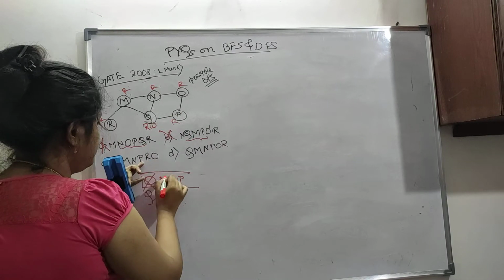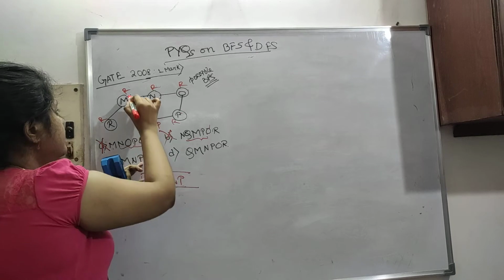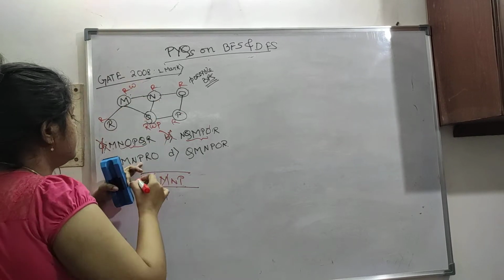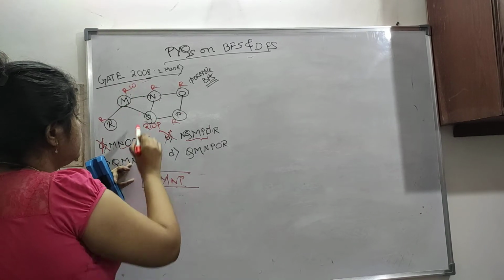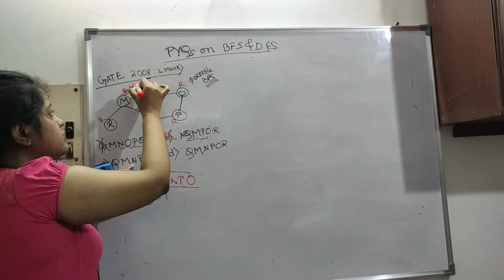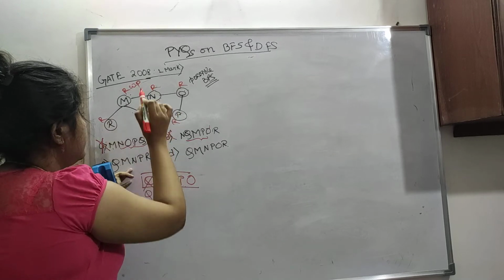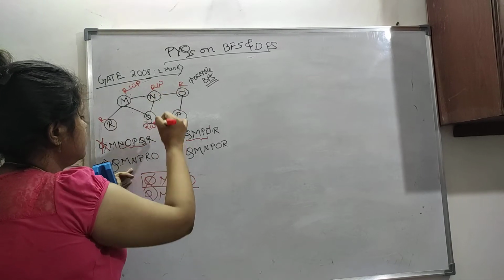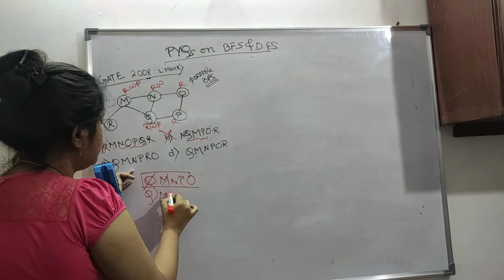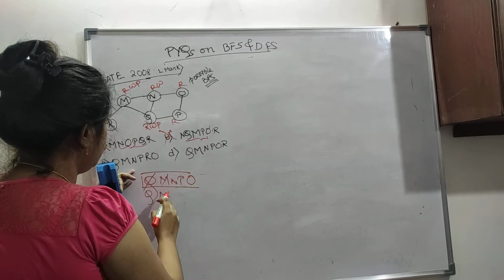Then M is processed and M is waiting. Adjacent to M is O. So this is actually correct, but let's see the whole thing. M, then processed, then N is waiting, and nothing is there. Adjacent is always already in the Q.